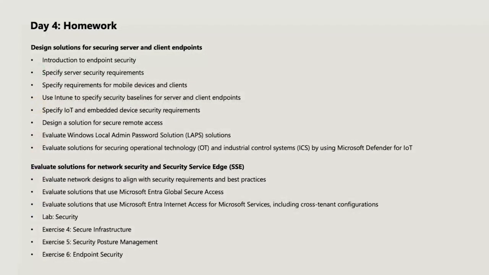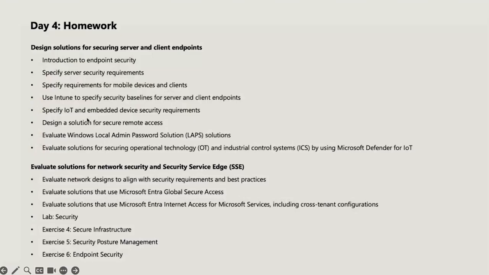And here we have some homework activity that you will complete. In your homework activity, you will perform some activities related to design solutions for securing server and client endpoints. So introduction to endpoint security, also specify server security requirements, what requirements we have for mobile devices and clients.